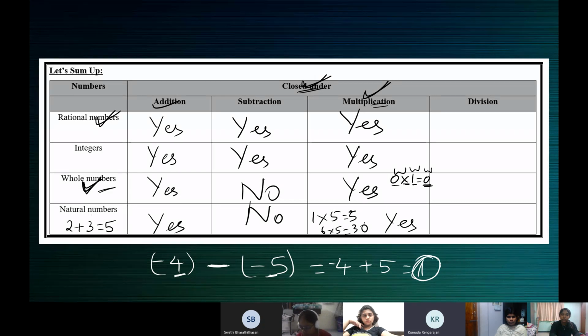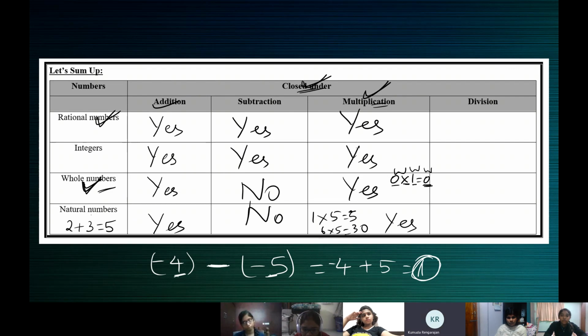See, basically we need to understand what we are learning, meaning what do we understand by closed. So now try, Danya. Now when we say natural numbers are closed under multiplication, what do you understand? When we take two whole numbers, whole number into whole number, the answer is a whole number.